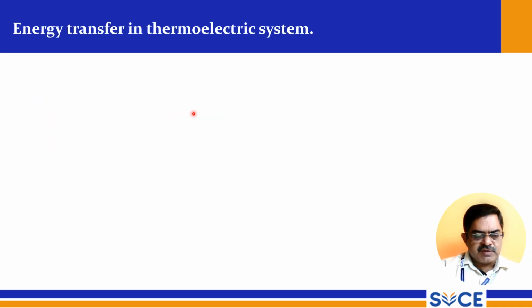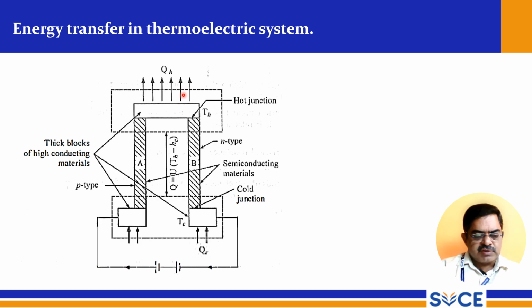Energy transfer in thermoelectric system. So, this is the diagram, and power is given to these two ends. This is the A material and this is the B material, and the heat evolved here is QH. This becomes a hot junction and this becomes a cold junction. In between we have Q, and this is the equation between these two, with thick blocks of high conducting material.